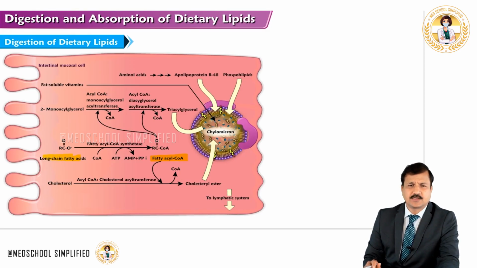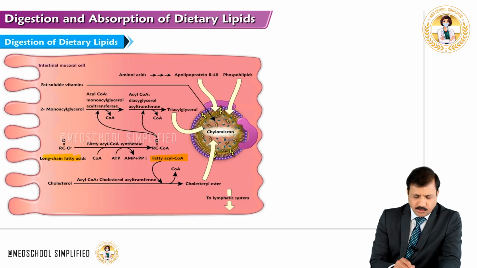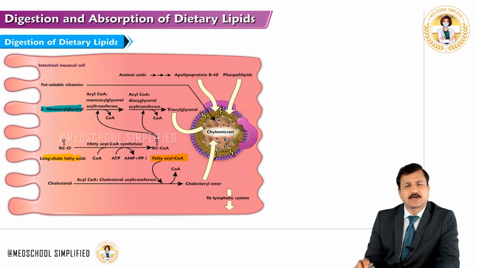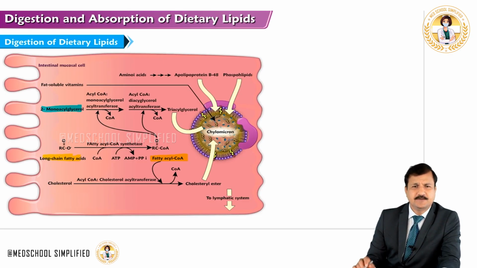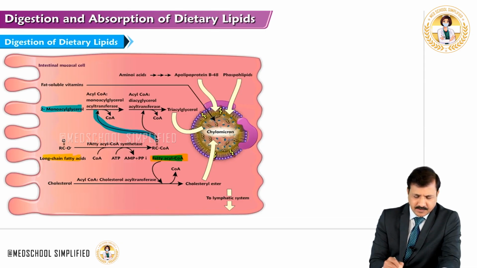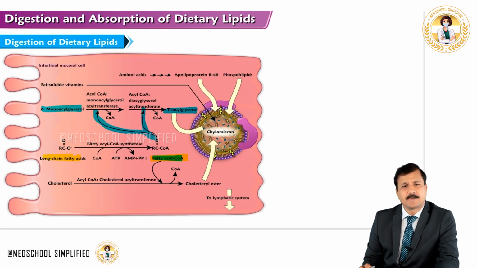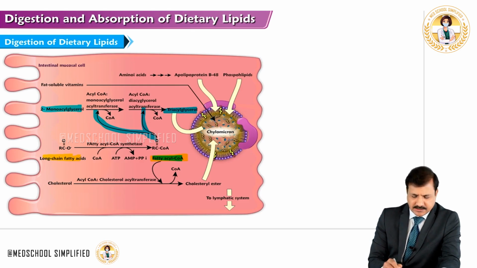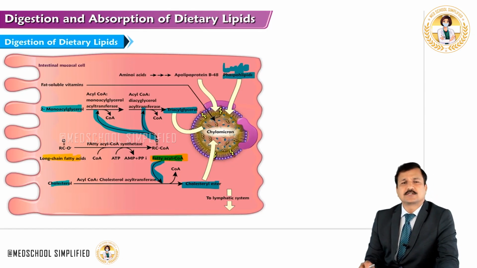What kind of esterification is going on here? The 2-monoacylglycerol that is coming from triacylglycerol digestion will be added with 2 free fatty acids, as shown, to become a triacylglycerol. Similarly, cholesterol is added with a fatty acid to make a cholesterol ester, and phospholipid, especially coming in as lysophospholipid, is esterified to become a phospholipid.